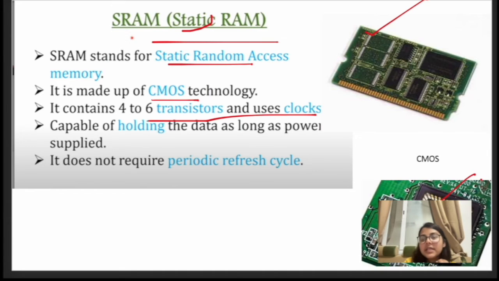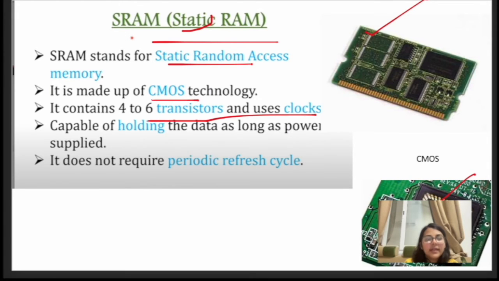It is actually using complementary metal oxide semiconductor as a technology, and it uses transistors and clocks. Okay, it contains 4 to 6 transistors, and the memory retains its content as long as power is being supplied. And it is volatile in nature, and whenever the power is off, the data will be lost. So this is also known as volatile memory, students.